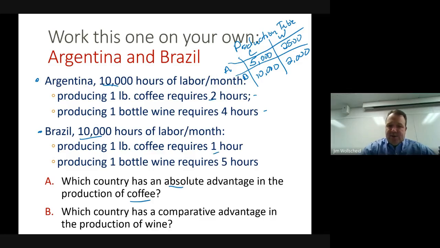If we look at labor hours, that answer is Brazil, because 1 is less than 2. We look at labor hours, we're looking for the lowest number. If we go to the production table, how much can they produce? How wealthy are they? Well, Brazil has more coffee than Argentina with the same number of labor hours. Therefore, Brazil definitely has the absolute advantage in coffee.